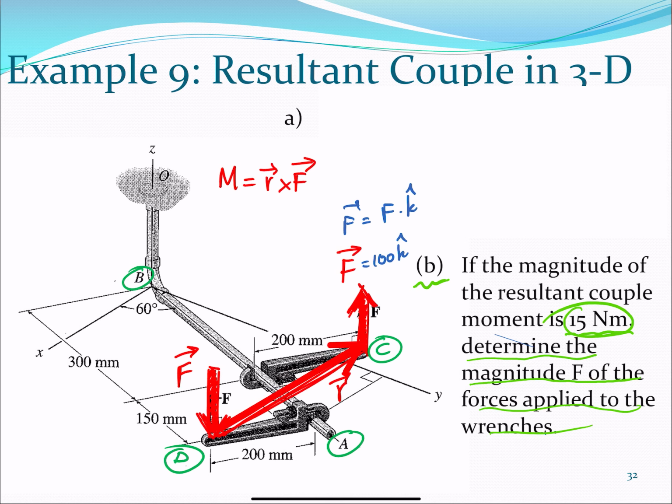Well, at this point we have to work backwards. We know the magnitude, and we have to know what sort of force I have to have both here and here. Remember, they are a couple, so they have to be the same in order to have a magnitude of 15. So there are a number of ways to do it. For example, if that was 42, it's just a proportion, and then you could try lowering this number until you get the magnitude as 15 in a trial and error process.